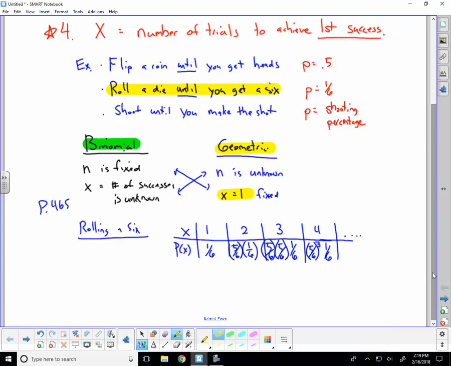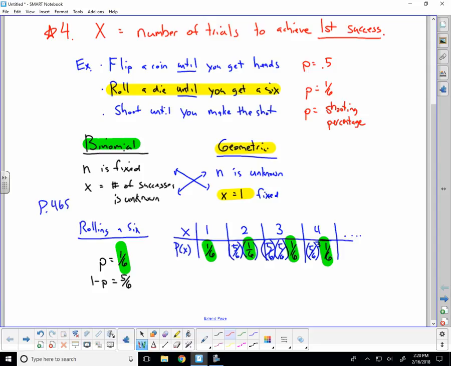So what we can see is some very important things pop out. p in this case is 1/6. That's the probability that we're going to have success, and we can see that the first one has 1/6, the second one has a 1/6, the third one has a 1/6, the fourth one has a 1/6. And then this 5/6, where do I get that? That's 1 minus p.